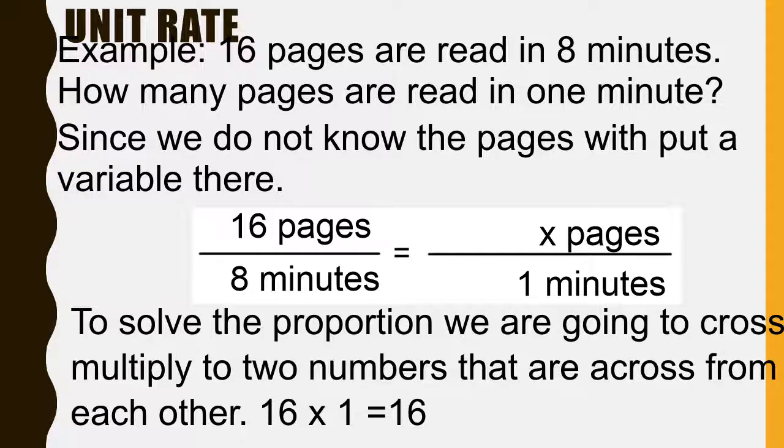Now to solve a proportion, we're going to cross multiply the two numbers that are across from each other. You see, 8 doesn't have a number across from it because that is our unknown. So we have to multiply the 16 pages times 1 minute. And what is 16 times 1, everybody?